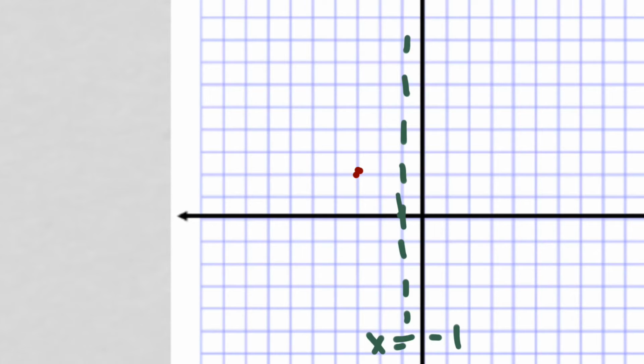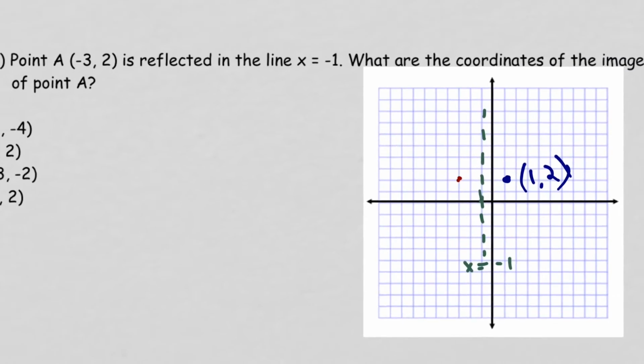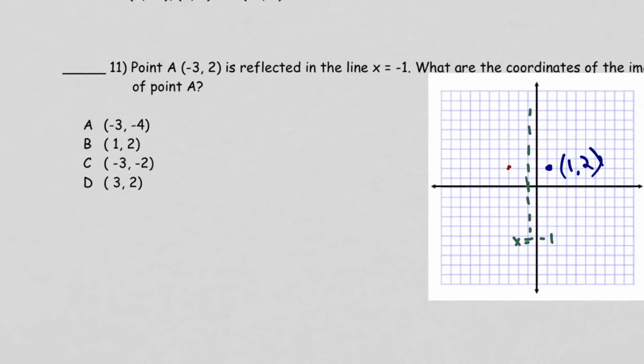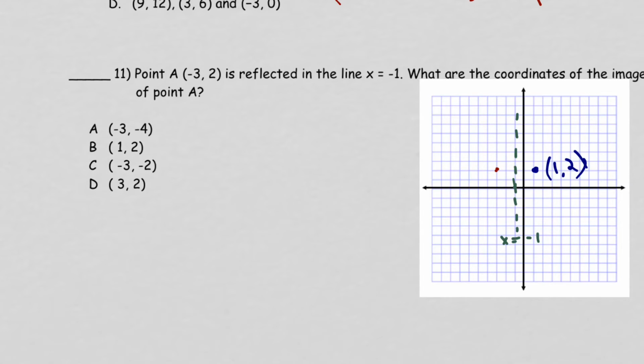So the transformed image is going to be right here at, let's see, what would that be? That would be 1, 2, right 1 up 2 from the origin. So that's going to give us 1, 2, and 1, 2 is choice B.